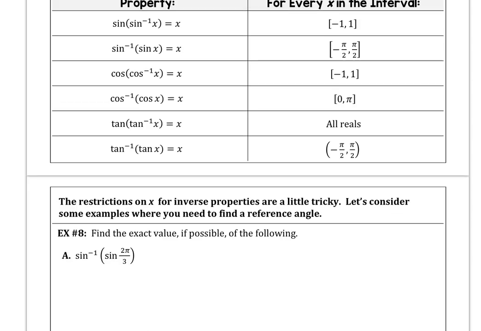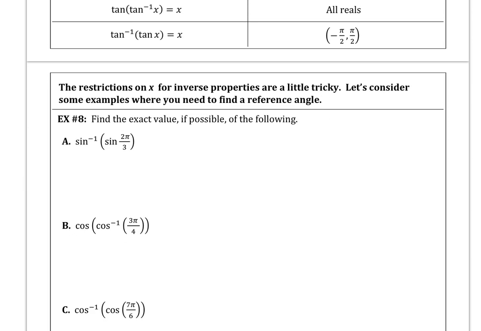Now, let me point out something interesting here. Let's say we think about the unit circle, and we are restricted from +π/2 to -π/2 for sine inverse. So we can only look at our answers in here.